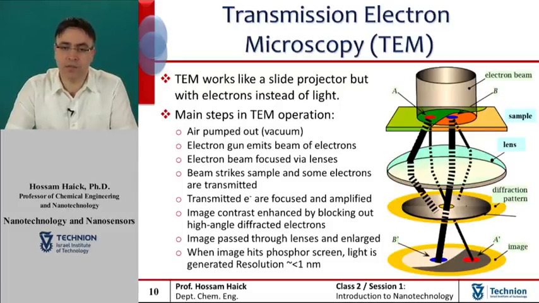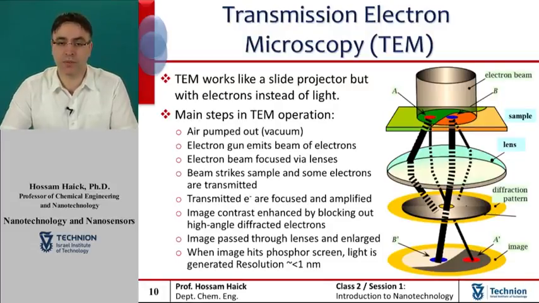Still, there are a number of drawbacks to the TEM technique. Many materials require extensive sample preparation to produce a sample thin enough to be electron transparent, which makes the TEM analysis a relatively time-consuming process with a low throughput of samples. The structure of the sample may also be changed during the preparation process.